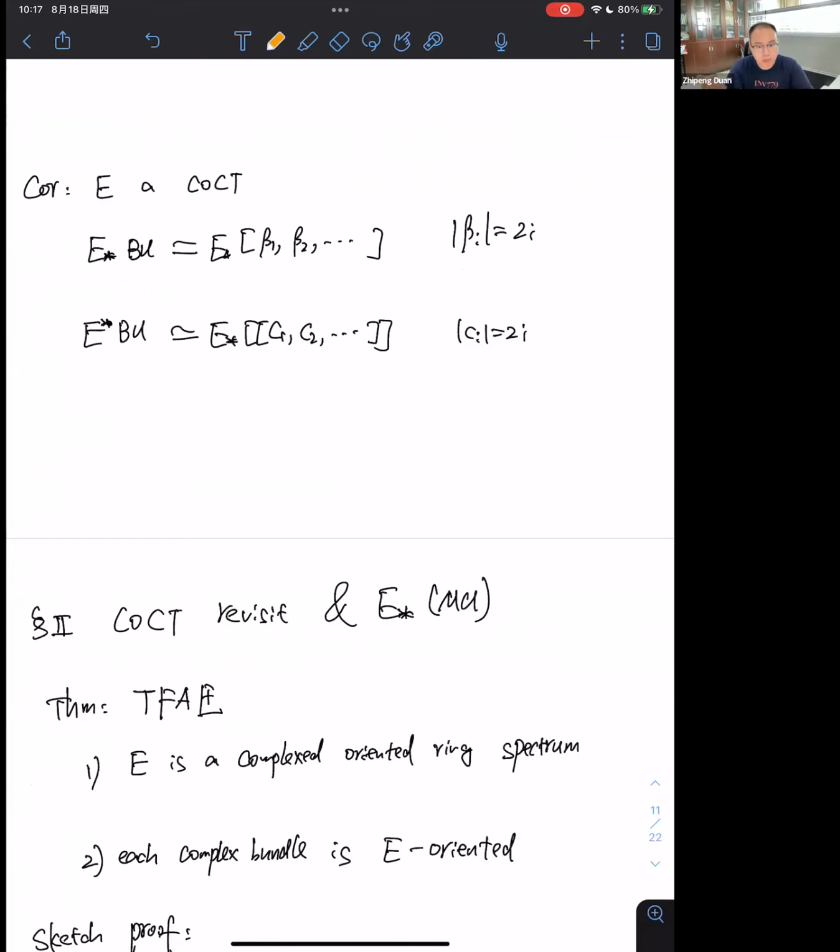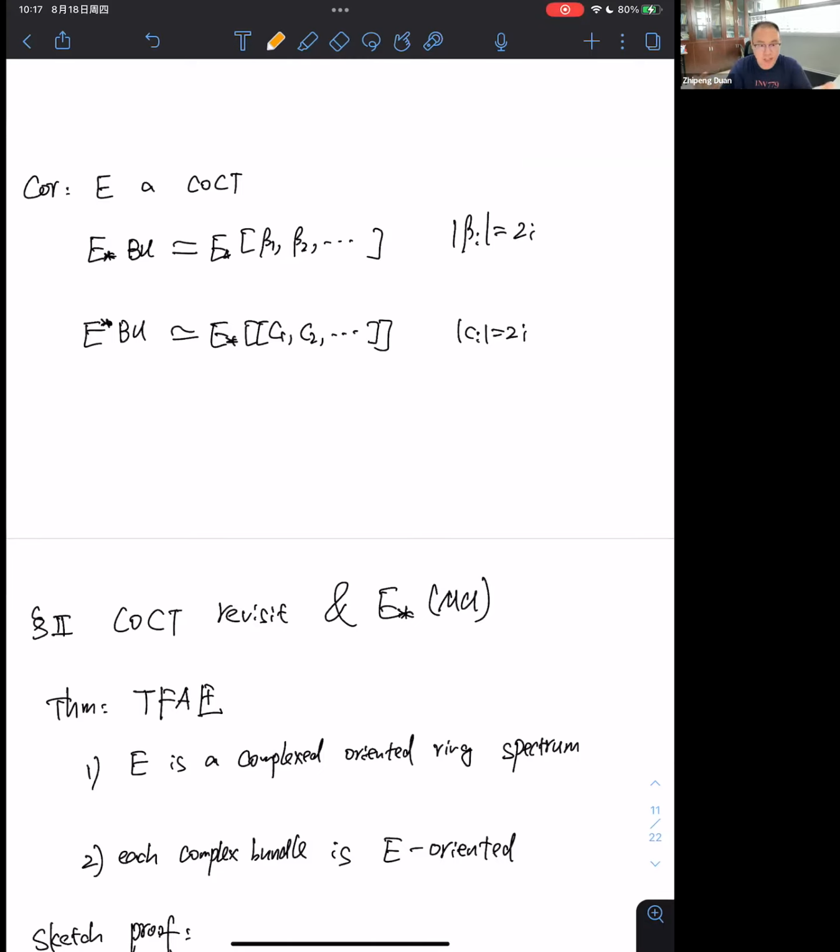And the cohomology of BU is a power series with E star coefficients on infinitely many generators c1, c2, and so on. The degree of ci is also 2i. And this is the first part.